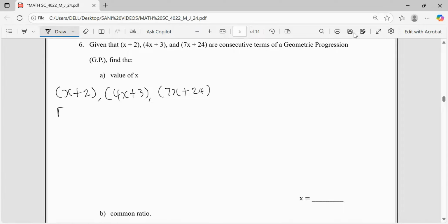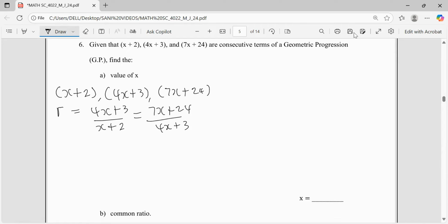The common ratio R of a GP is 4x plus 3 over x plus 2. That is T2 over T1. Now the common ratio can also be T3 over T2, that's the third term divided by the second term. So cross multiply.